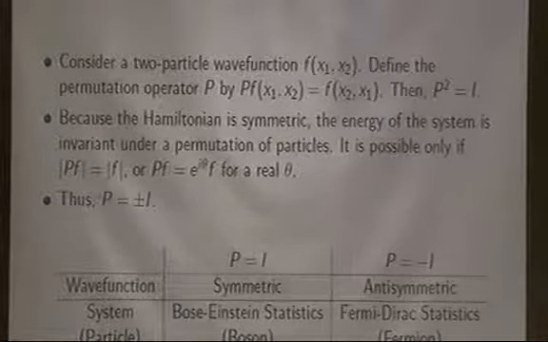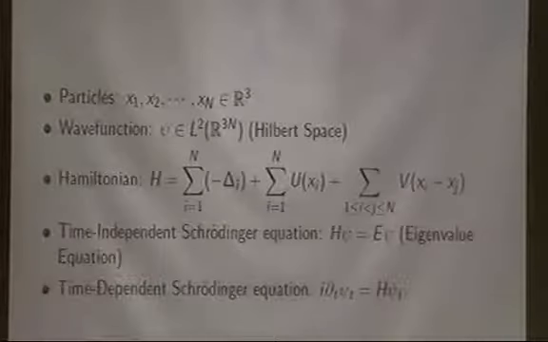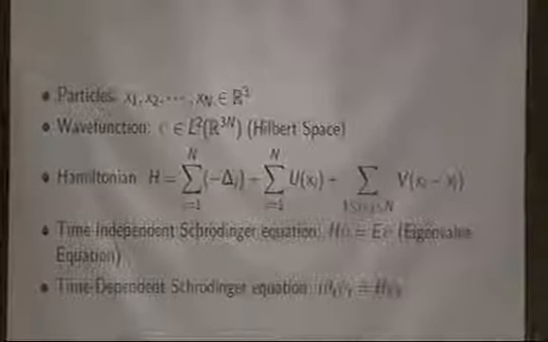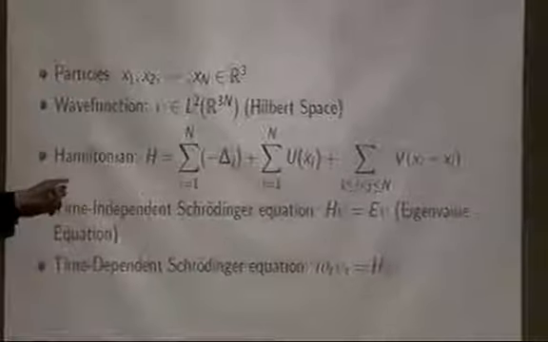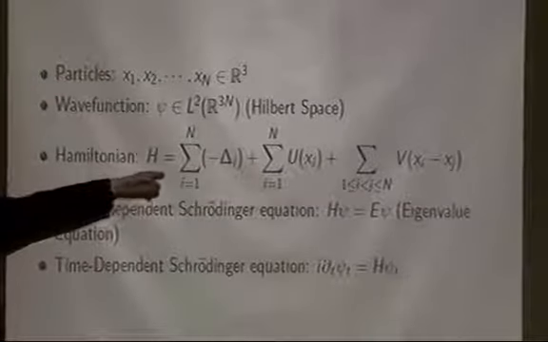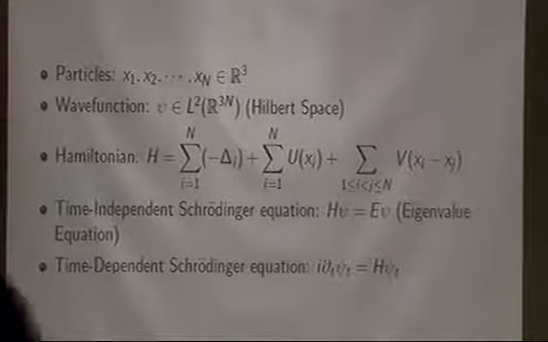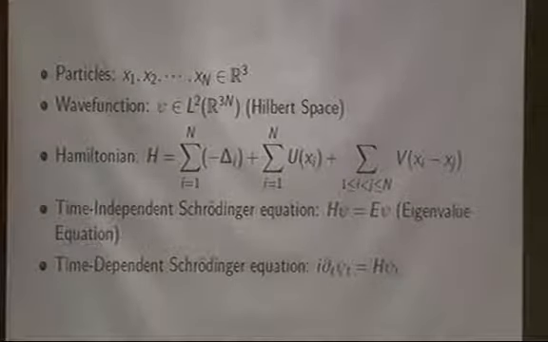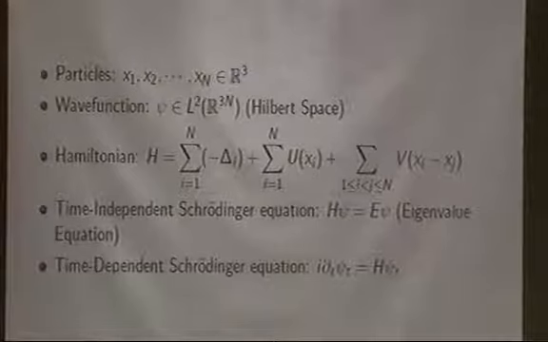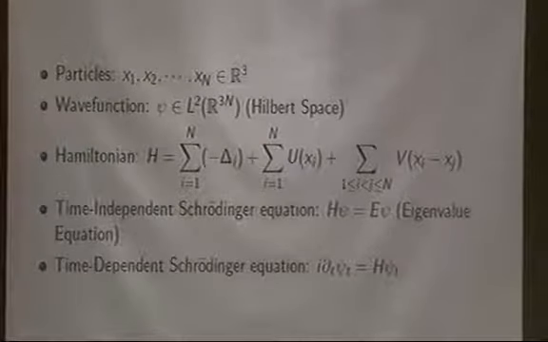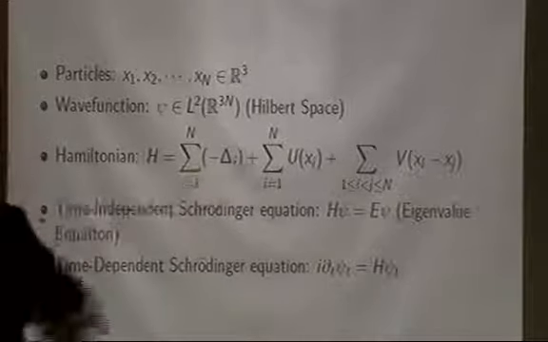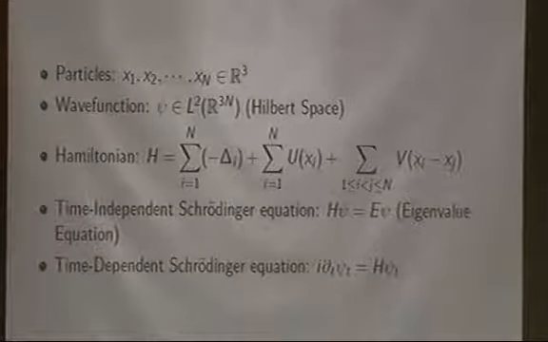And we also have the Hamiltonian, which looks like this. This Hamiltonian contains these Laplacians, which we call kinetic energy, and this U of xi, which we call potential energy, or external potential to be more precise. And the last term, V of xi minus xj, which we call interaction potential.